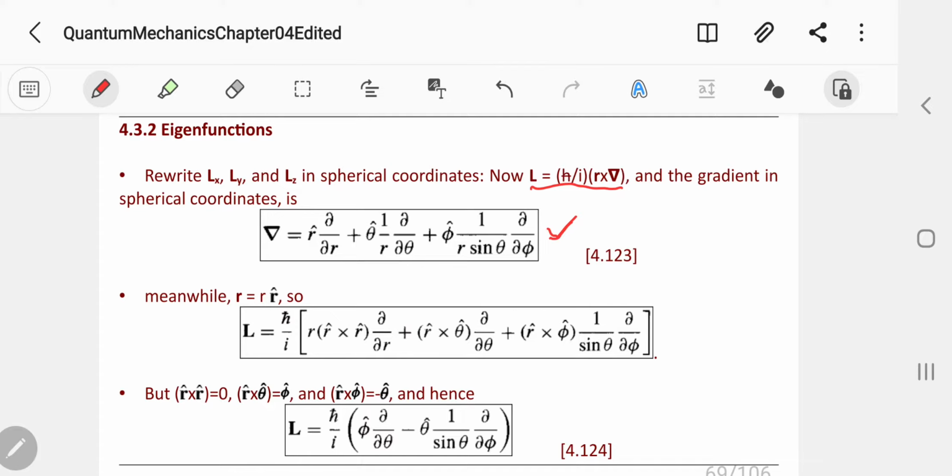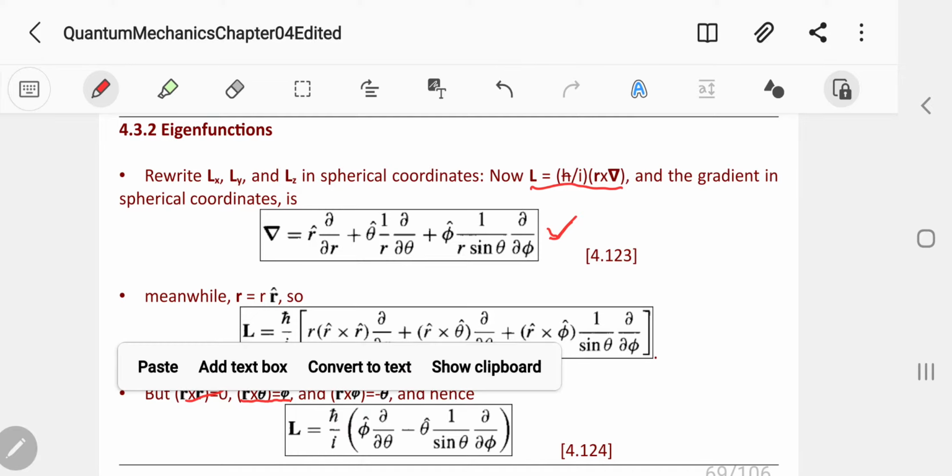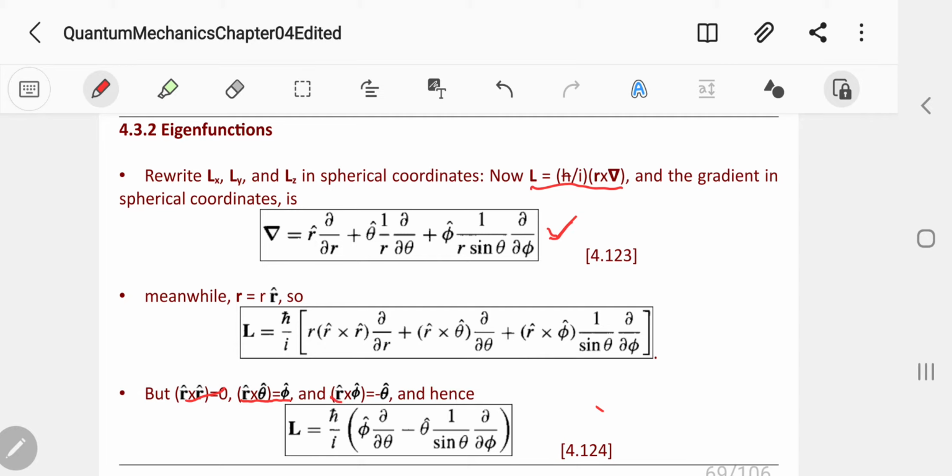And of course, r would just be r r hat, but r hat cross r hat is equal to 0, and r hat cross theta hat will just be phi hat. r hat cross phi hat would just be negative theta hat, so that your L would be this one.